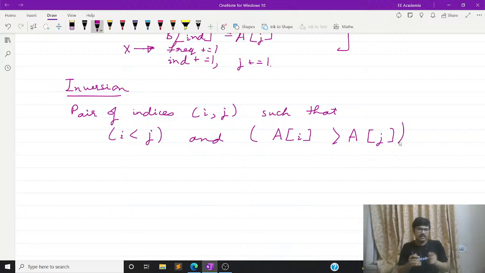That means i comes before j and the element a i is greater than the element on the right side. So this is called an inversion.